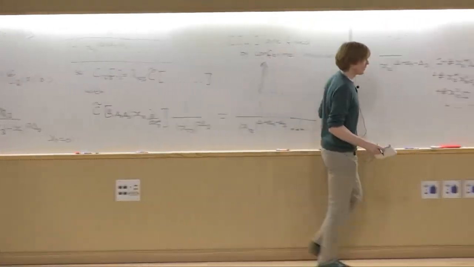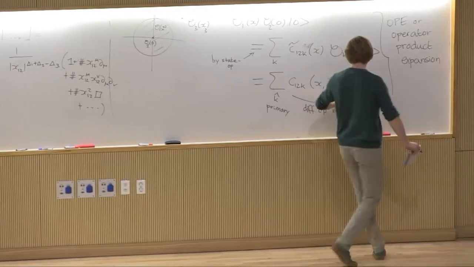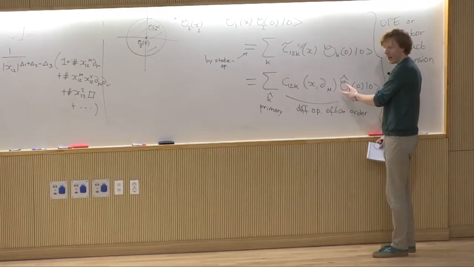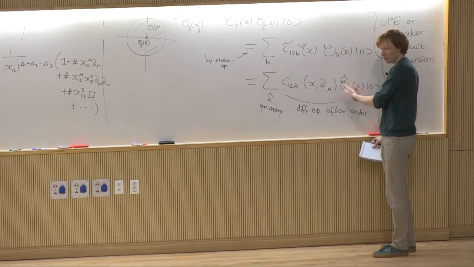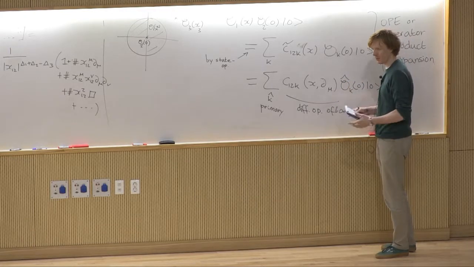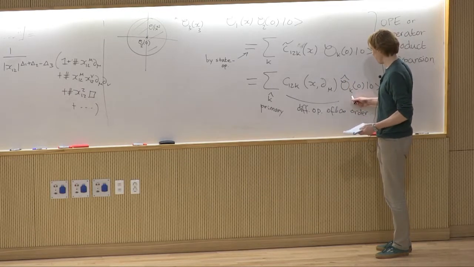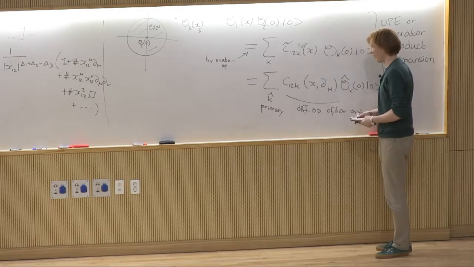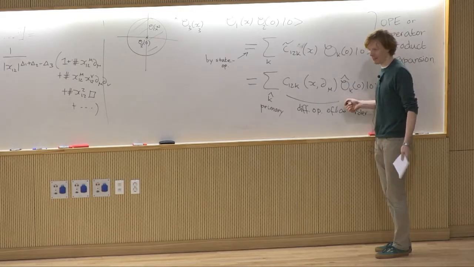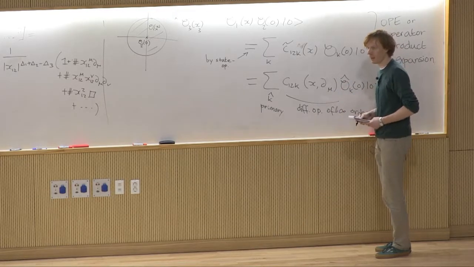This thing does not become O hat of x. It's a much more complicated thing. It's a very non-local thing. You can write it as an integral equation if you want, but it's not some kind of standard Taylor series.